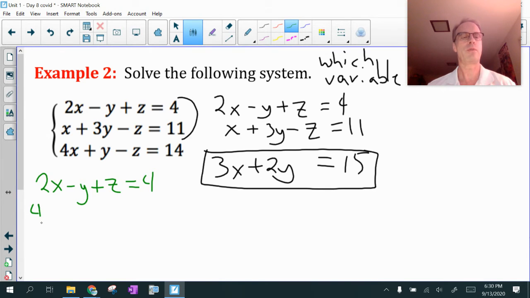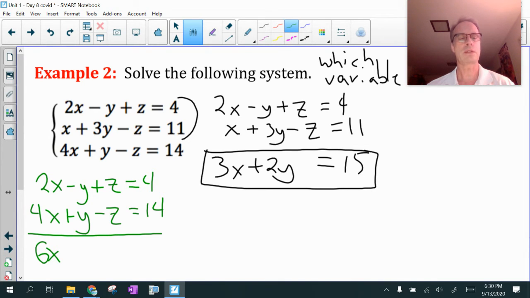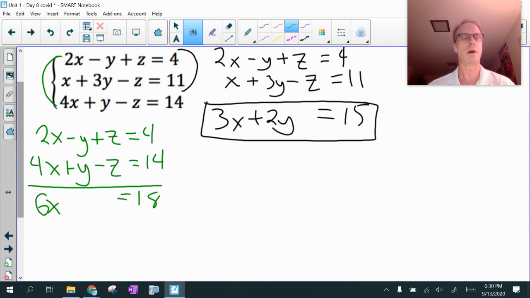And then 4x plus y minus z equals 14. And we're going to add down and we get 6x. My y's cancel, and awesome! My z's canceled too. Oh, that's even better, because sometimes we can get ourselves down to not just 2 variables, but 1. Oh, that is awesome news.